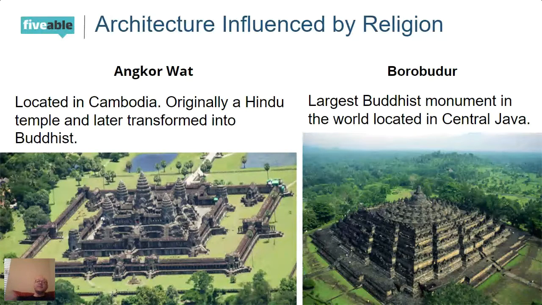And they build this amazing edifice known as Angkor Wat to kind of honor Hinduism. But as Hinduism declines in that region and Buddhism rises, then you see Angkor Wat being switched from a Hindu temple to now a Buddhist temple.